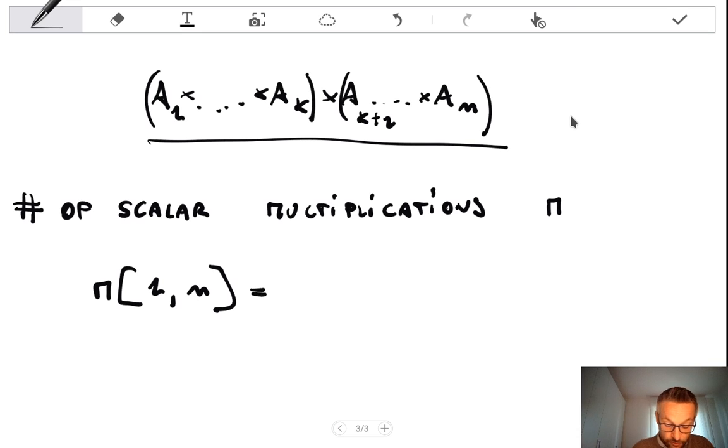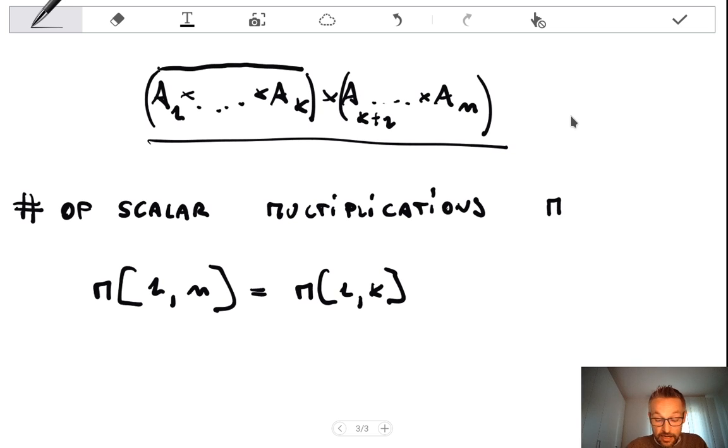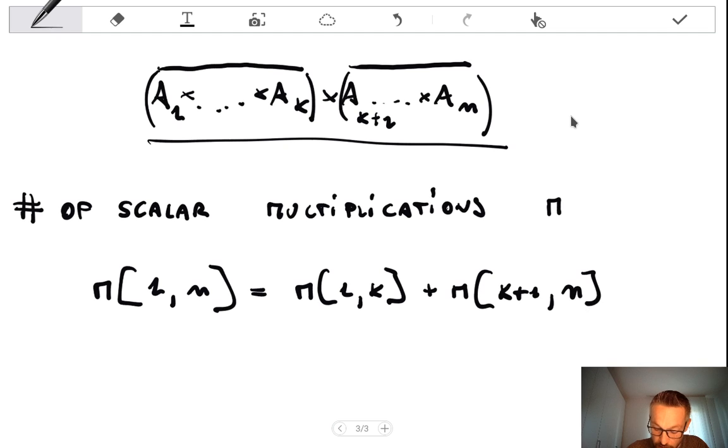It will be equal to the number of scalar multiplications required to evaluate this subproblem, which will be m1k, plus the number of scalar multiplications required to solve this other subproblem, which of course will be mk plus 1 n.